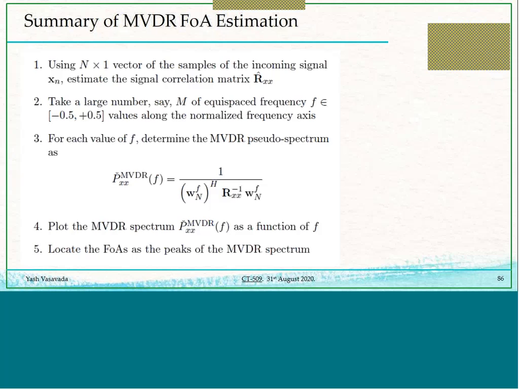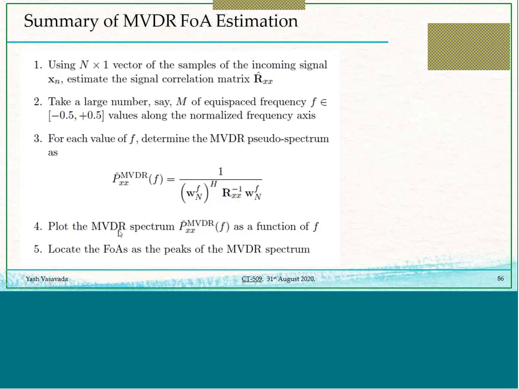Okay, so in the MVDR based frequency of arrival estimation scheme, we estimate the correlation matrix using some number of incoming signal samples. Just like the DFT based scheme, we take some large number of equispaced frequency points, and then for each value of f we determine this MVDR pseudo spectrum, which is given like this, which was on the previous slide.